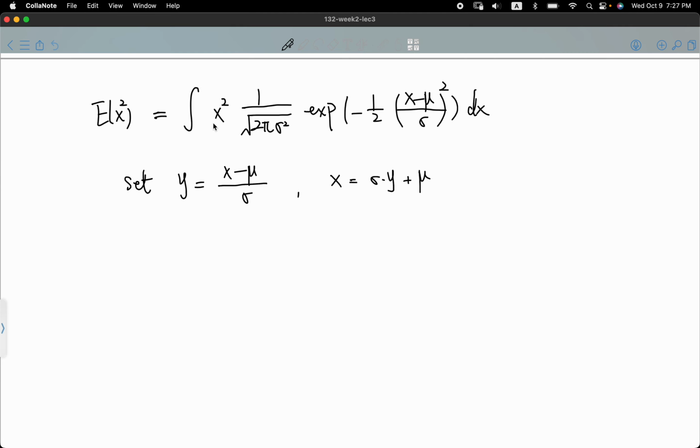Because we have an x squared here, we also need x squared, which is sigma squared y squared plus 2 mu sigma y plus mu squared. And then dx is equal to sigma dy.